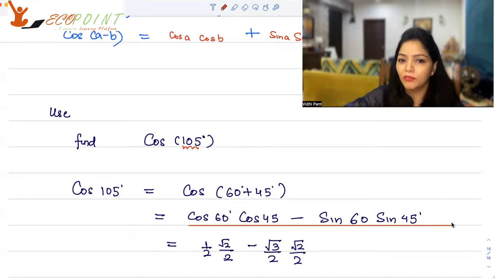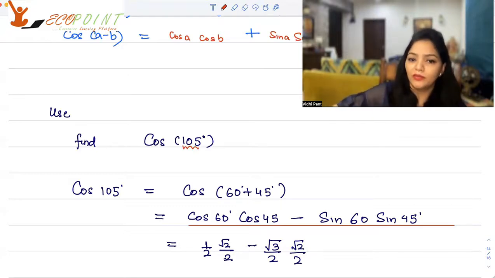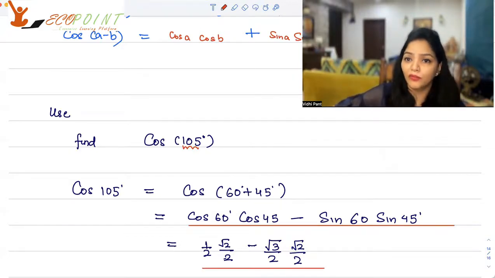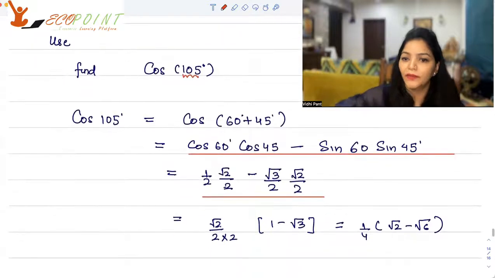So this you can break and find the value: cos 60 into cos 45 minus sine 60 into sine 45. You know the values of cos 60, cos 45, sine 60, sine 45. Just put the values in and you can find out cos of 105 degrees. It will turn out to be 1 upon 4 into square root of 2 minus square root of 6.